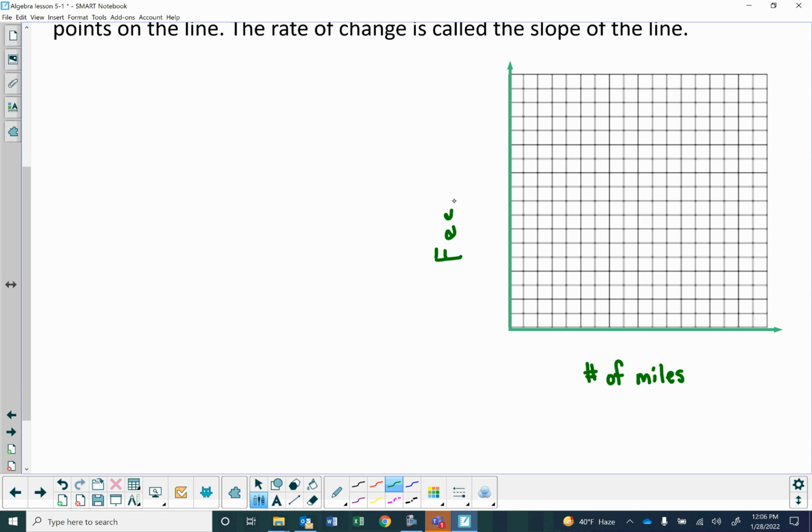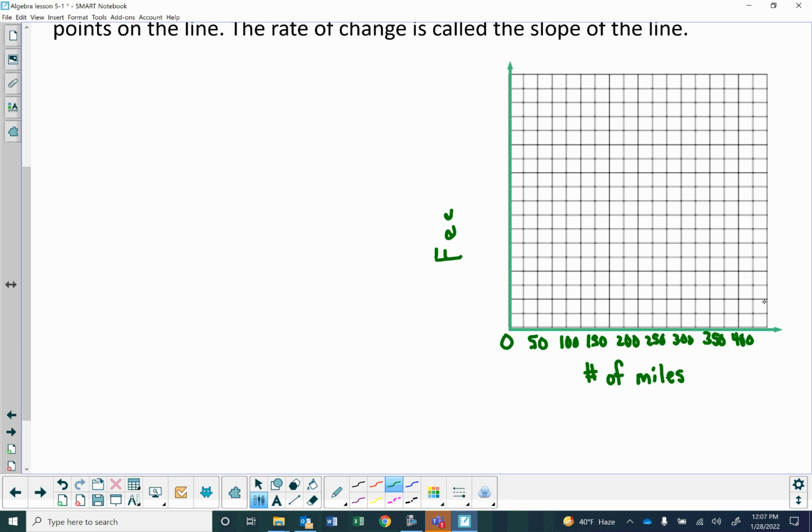If you look back at the table, you notice that we started with 100 miles and we went to 150, then 200, and then 250. So I think counting by 50s would be really good. Actually, I'm going to count by 25s. So 25, 50, 75, 100, 125, 150, 175, 200, 225, 250, 275, 300, 350 would be here, 400 would be here. That's probably good enough.